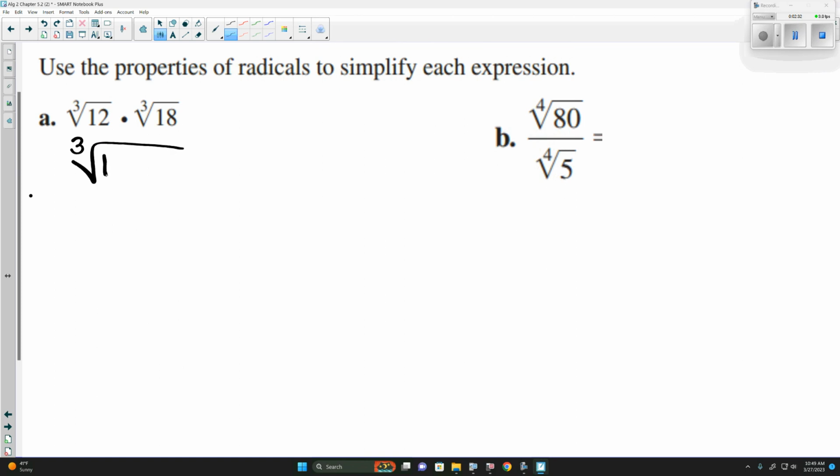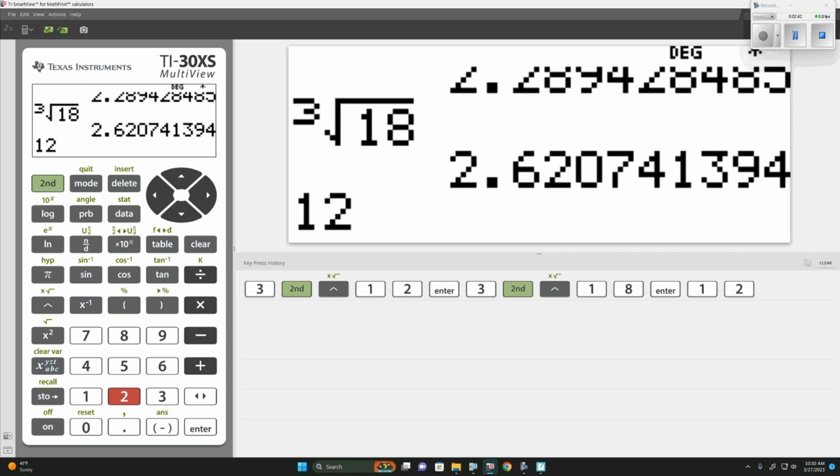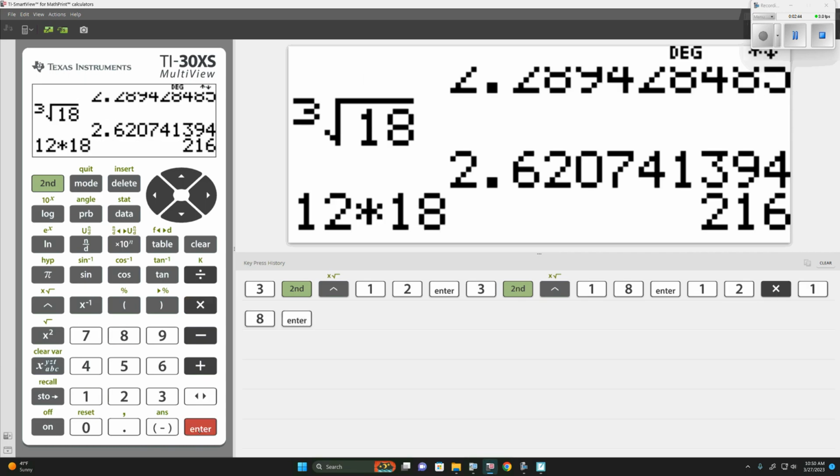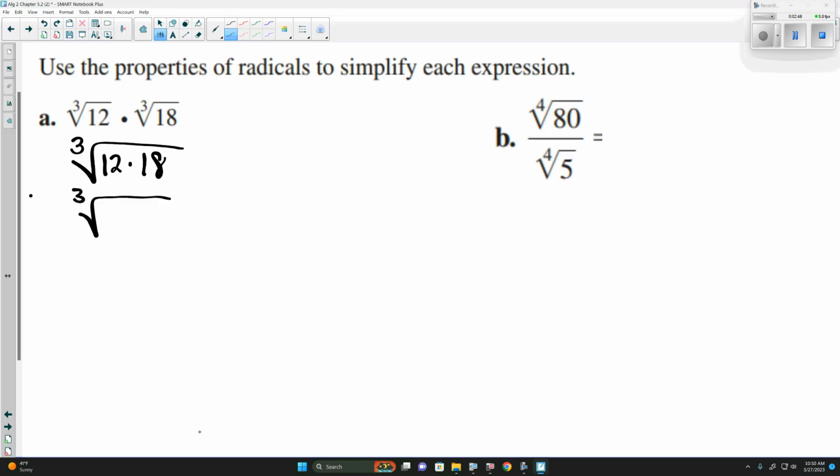So we can take the cubed root of 12 times 18. Now 12 times 18 is 216.